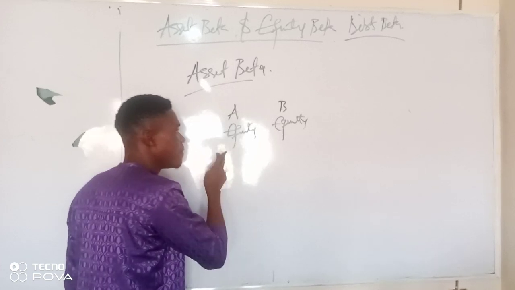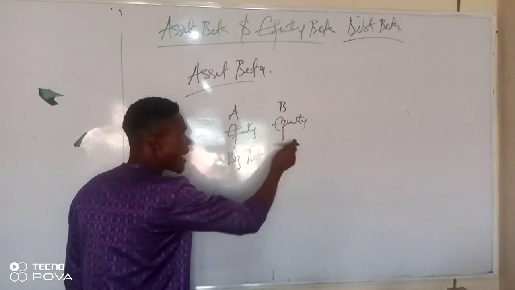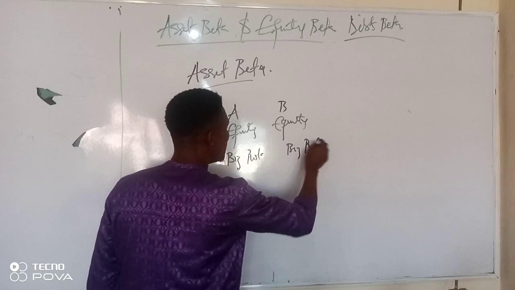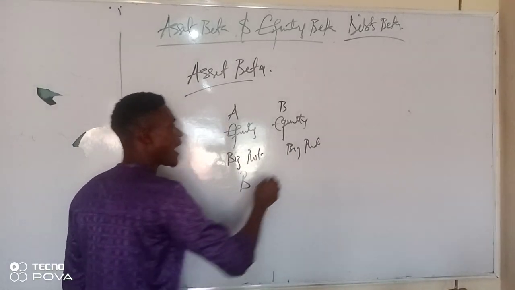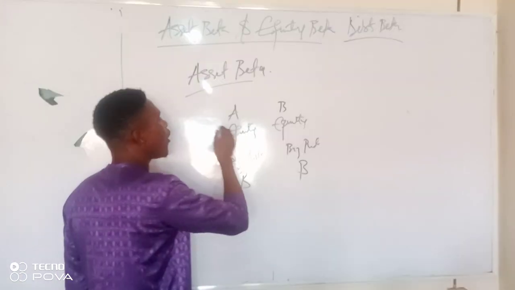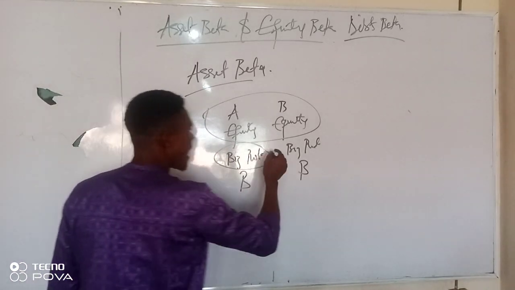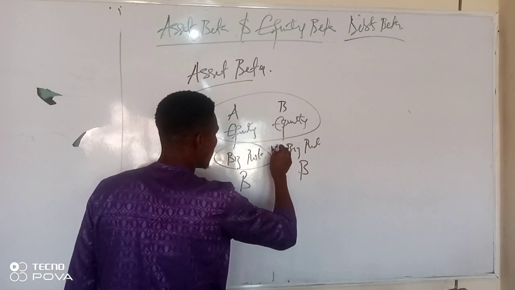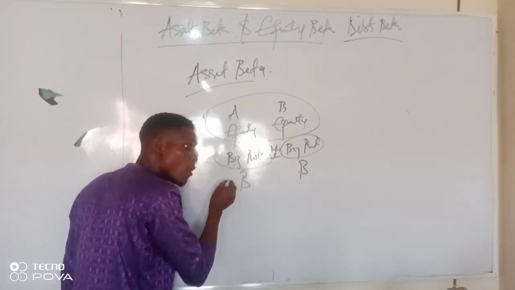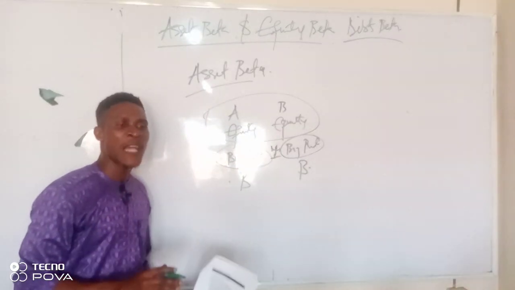But if company A's business risk is higher than company B's business risk, then automatically the beta of company A will be higher than the beta of what? Company B. Even though they have all equity finance, the business risk of this one is greater than the business risk of this one, so automatically the beta of this one will be higher than the beta of this one. So beta is actually measuring risk.